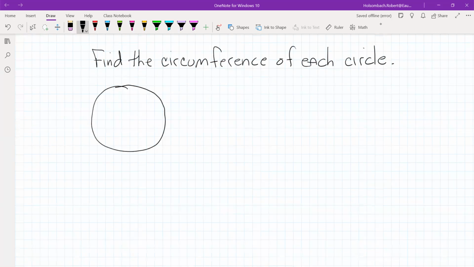We're going to put a point in the center of it. And then now we're going to put in a diameter, a vertical leg, and a horizontal leg. We're going to make this a right triangle. And we're going to say that this side is 12 and this side is 6.